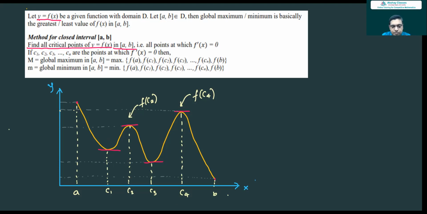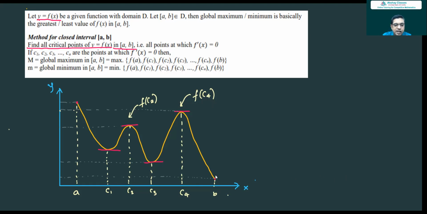So this can happen. It can so happen that within the interval, the maximum point will be, suppose the interval chosen is C1 to B. From C1 to B, the global maximum in that case will be f of C4, because at C1 the function is small, and within that particular interval this is the largest value.